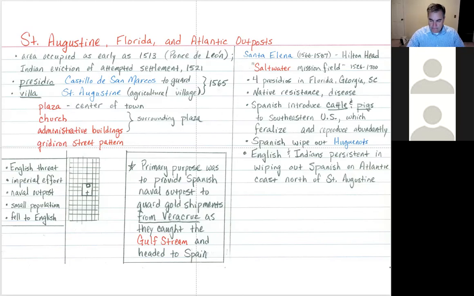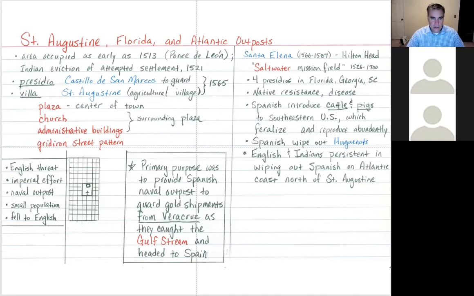So, piracy on the high seas is a horrible thing, but in this case, we have kind of the state sanction of piracy, and Elizabeth I was getting a bit of a cut of it too.